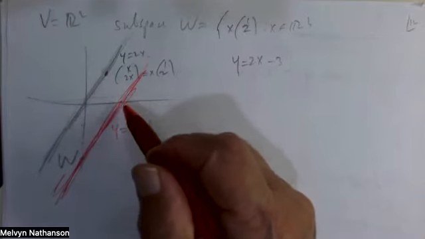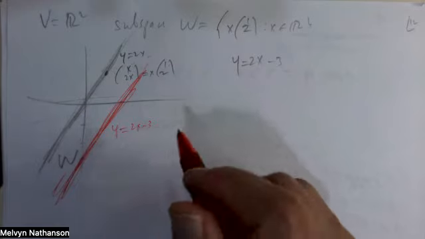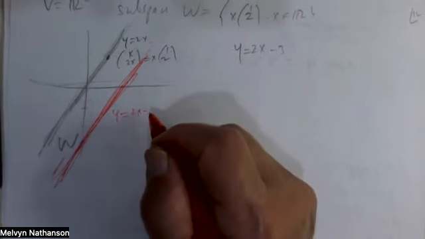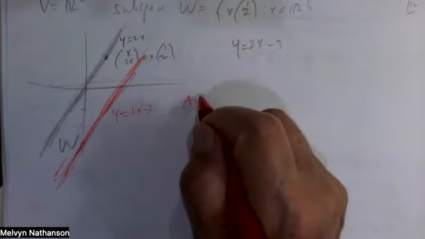This parallel line is not a vector subspace, but I will explain right now why it is what is called an affine subspace.